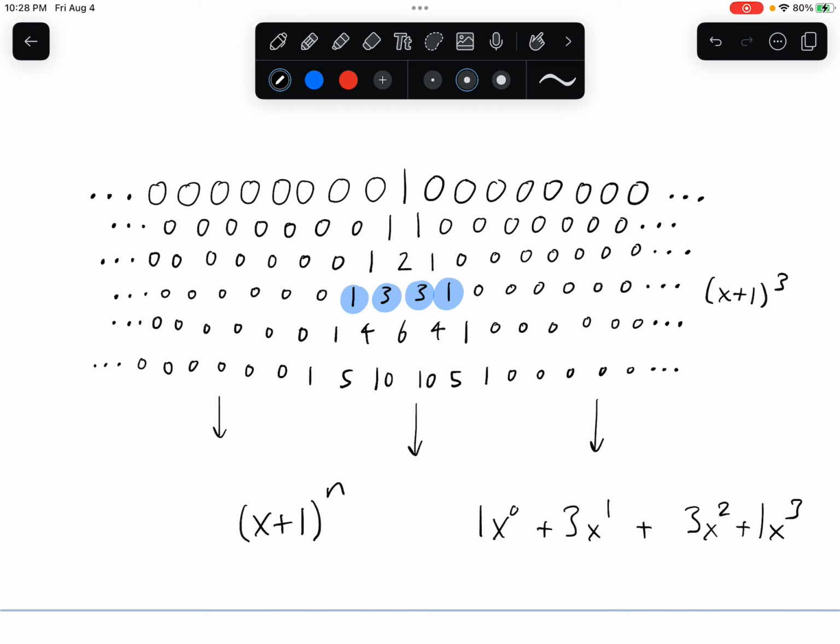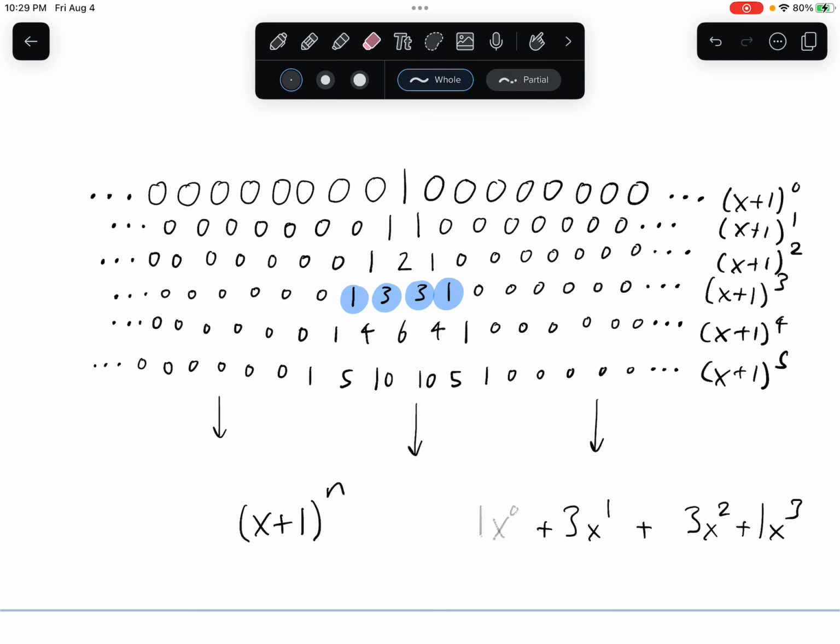The third row of Pascal's triangle, where the 0th row is this row right over here, corresponds with x plus 1 to the third. And we can continue that by saying the 0th row corresponds with x plus 1 to the 0. And the first row corresponds to x plus 1 to the first, and so on. X plus 1 to the second, x plus 1 to the fourth, x plus 1 to the fifth.